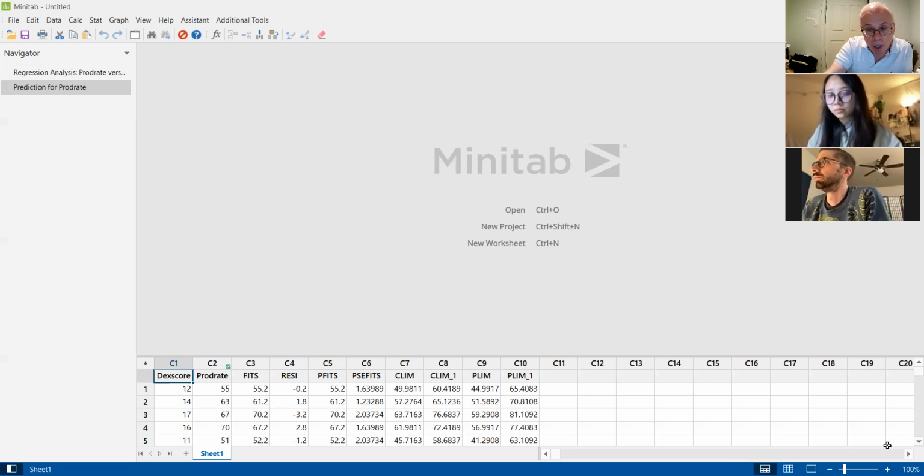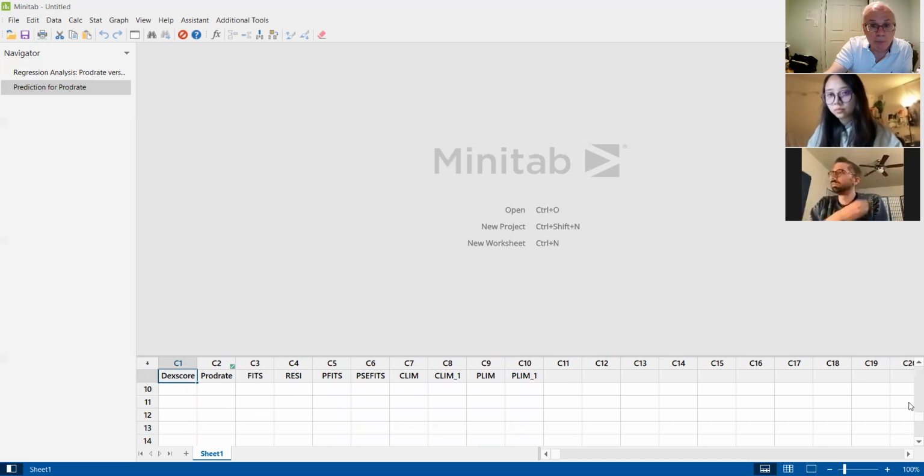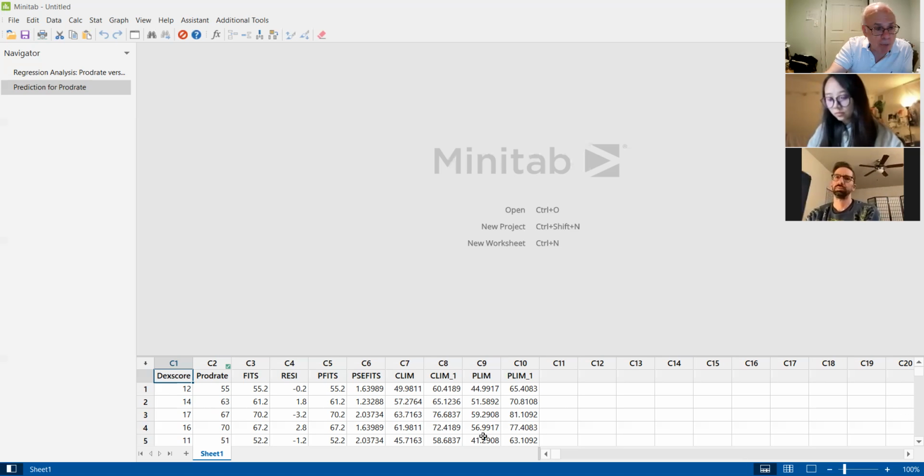And by the way, if we wanted to, we could have entered an additional value of X into here. Let's say we wanted to come up with a confidence interval and a prediction interval for a particular value of X, say X is 15.